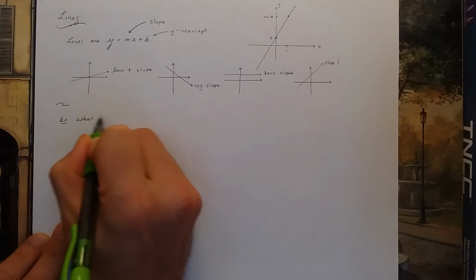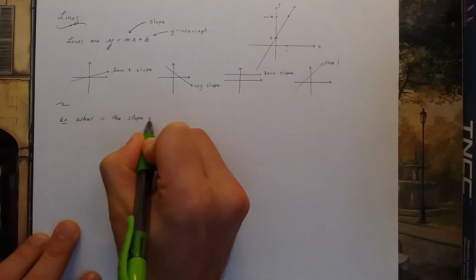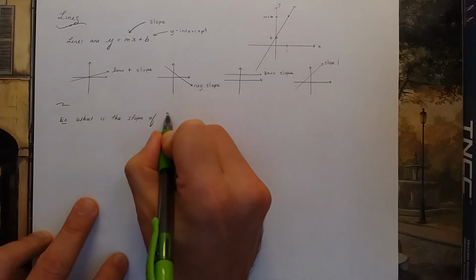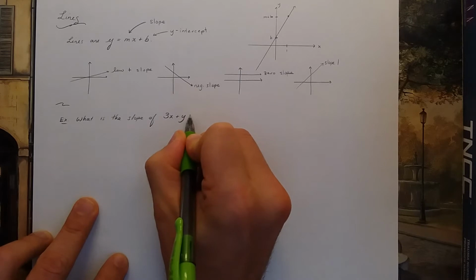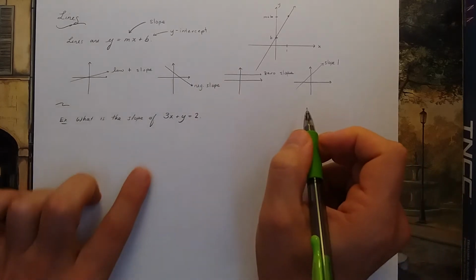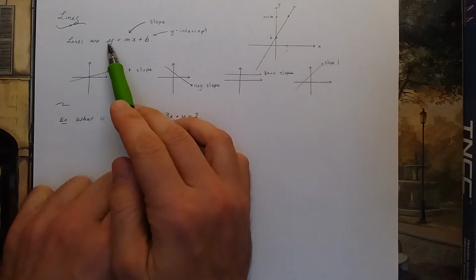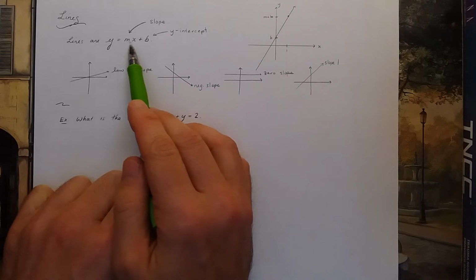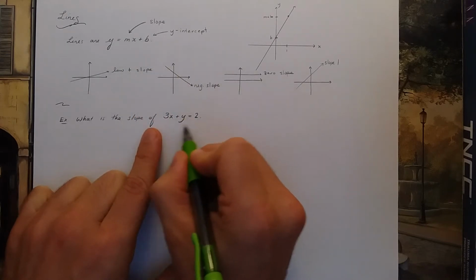So what is the slope of, let's say, the line 3x plus y equals 2? Well, in this case, I'd like to write my line as exactly this form, y equals some mx plus b. So I need to solve for y exactly.